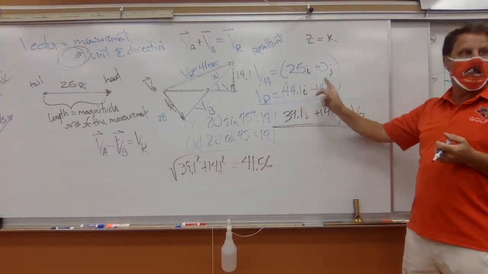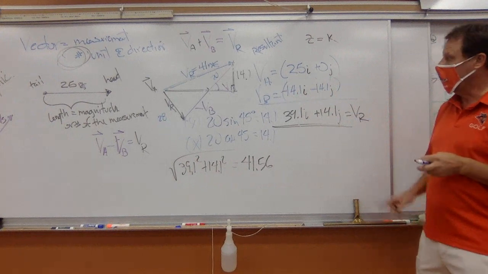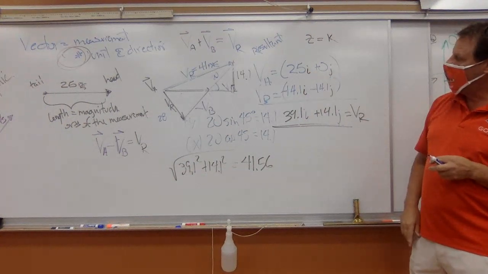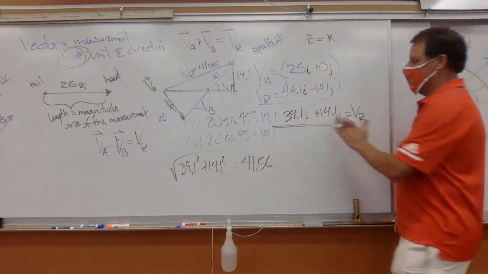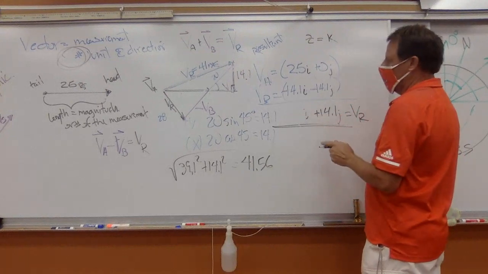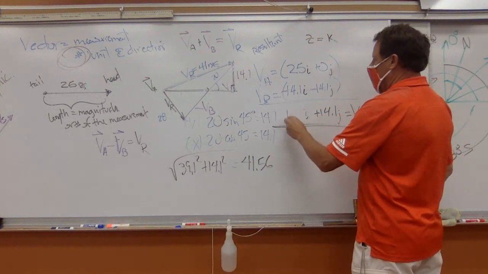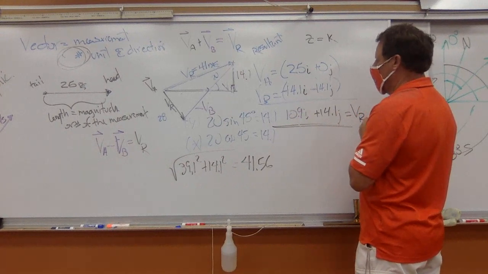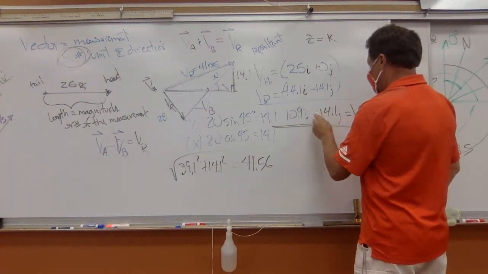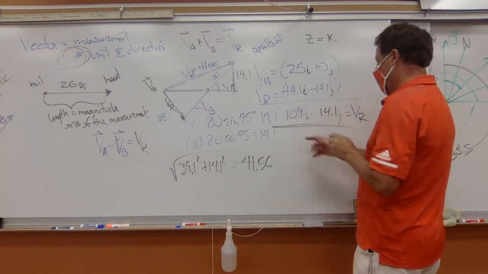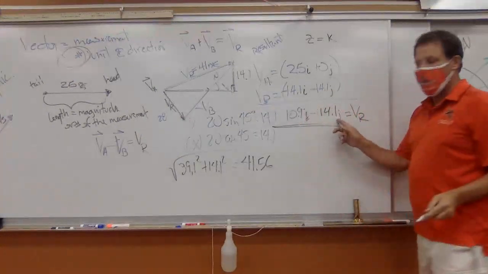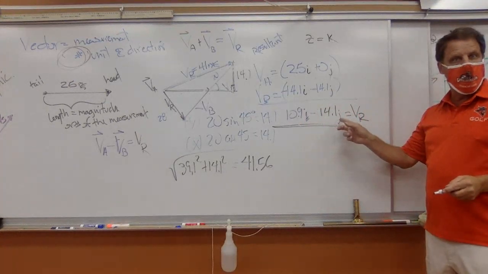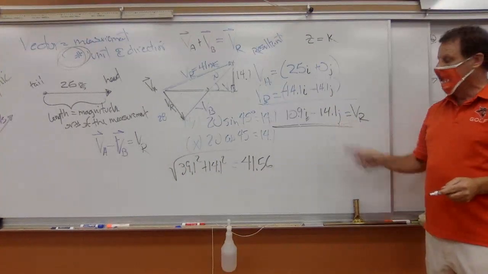So if this was a plus minus, then it would be minus plus. Now we're going to have 25 minus 14, which is 10.9, and this is going to be negative 14. So this would be our answer in ij notation.